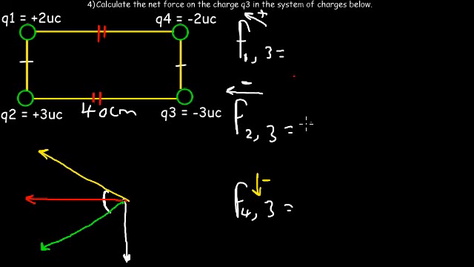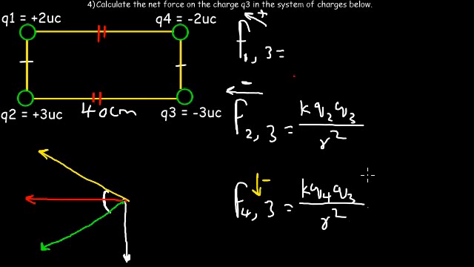So F sub 2, 3 will be k q2 q3 divided by r squared, and F sub 4, 3 will be k q4 q3 divided by r squared. Okay. So the value of k, since the question doesn't specify any medium, we are using that of vacuum. So that's 9.0 times q2.